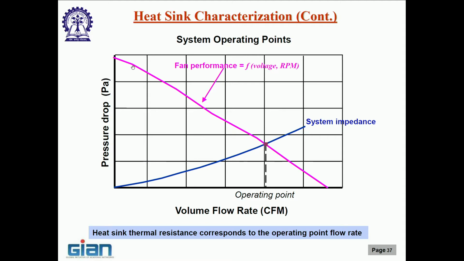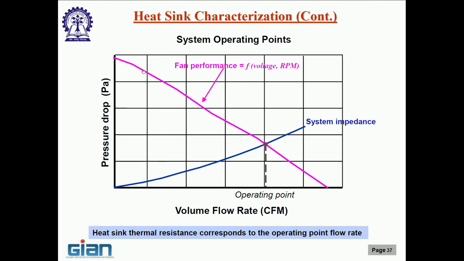Now, when you buy a fan like this, a manufacturer will give you what is called a fan characteristic curve, which is also a pressure drop versus flow rate curve. So, if your system pressure drop is very high, then the fan will be able to handle that kind of pressure drop, but mind you, your flow rate is going to be very low.